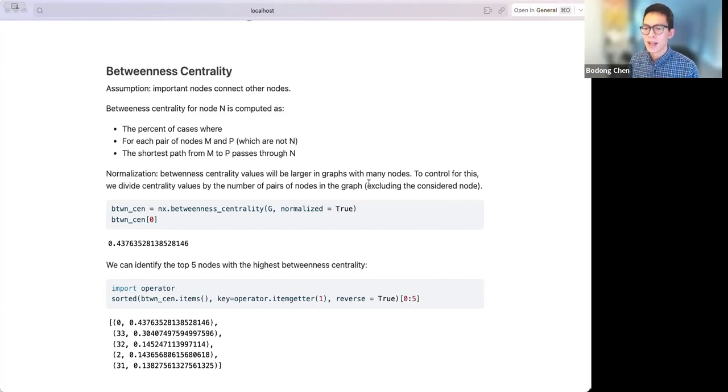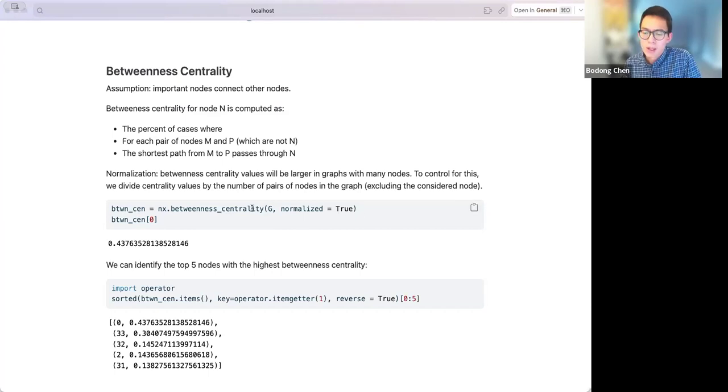So in NetworkX, at least, you have a particular way to control for the size of a network, which is to divide the centrality values by the number of pairs of nodes in the graph, excluding the considered node. Again, I'm not going to get into details there.